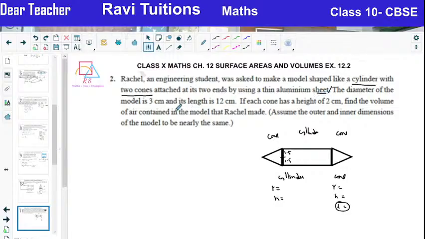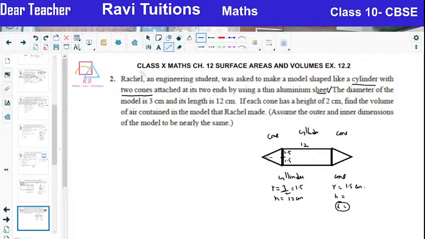Now the diameter of the model is 3, so both radii are the same. Diameter 3 means 3 by 2 is equal to 1.5 centimeters. And the length is 12 centimeters. So this is 12, and that means the height of the cylinder is 12. And the cones have a height of 2 centimeters.